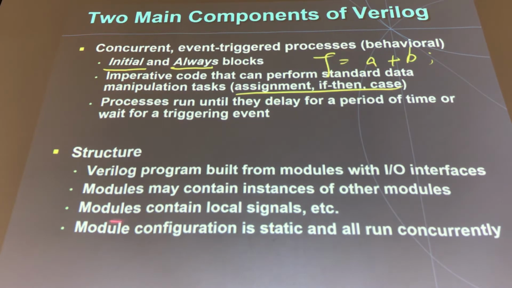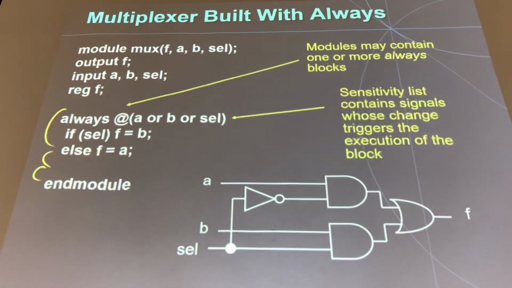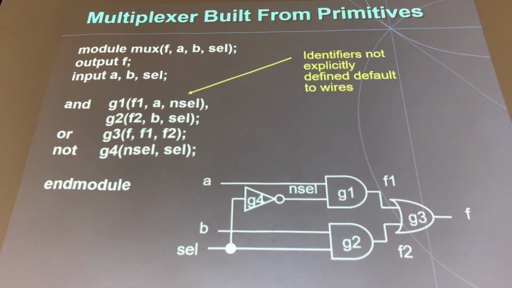Again, in here, the module can contain local signals, like n-cell, F1, F2. These three are local variables, local signals. And we did not declare them because in Verilog code, implicitly, they are wires. Okay?